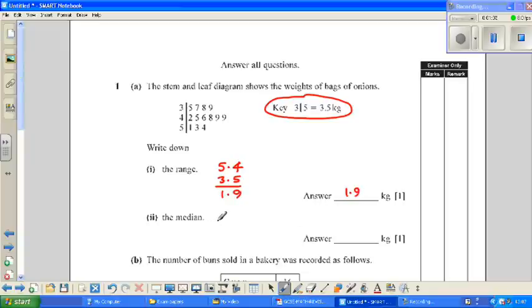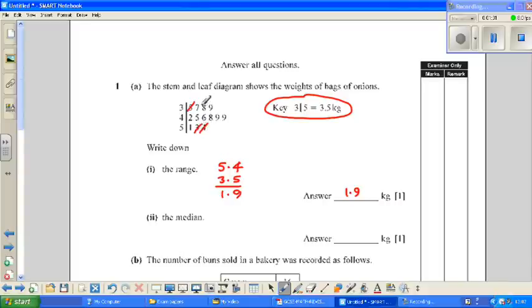The median, again, you need to remember the median of a set of numbers is the middle number when they're put in order. Now you could write these all out in order from the stem and leaf diagram, or perhaps a simpler way of doing it is to work your way through the stem and leaf diagram, marking off the biggest and the smallest until you get to the middle. So the biggest is obviously 5.4, the smallest is 3.5.